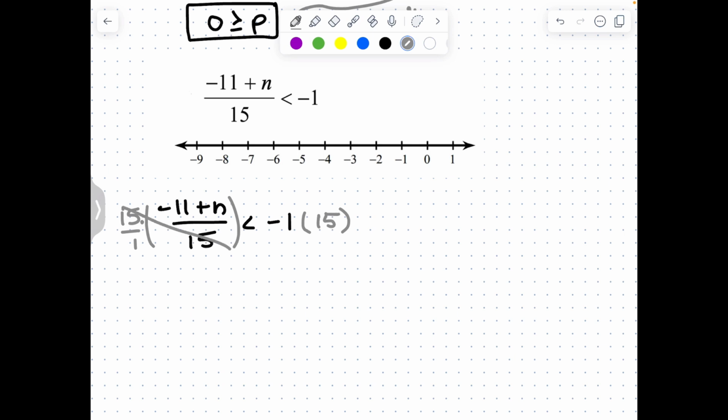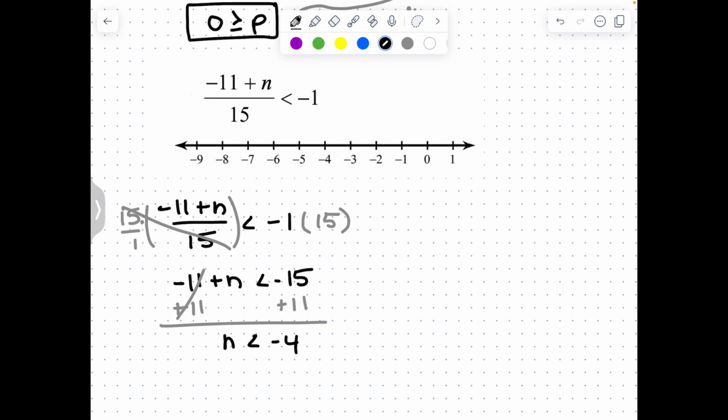That will cancel out the fraction, and then I don't have to worry about fractions anymore. Then on the right-hand side, negative 1 times 15 is negative 15. And then I have a negative 11 that's adding to n. Now, since it's negative 11, I could add 11, and then those will cancel to 0. And n is now less than negative 4.